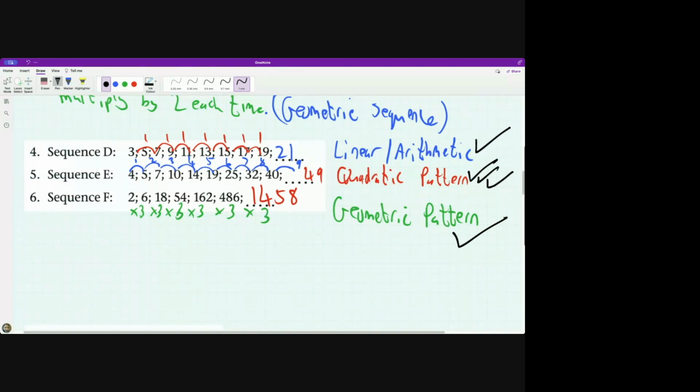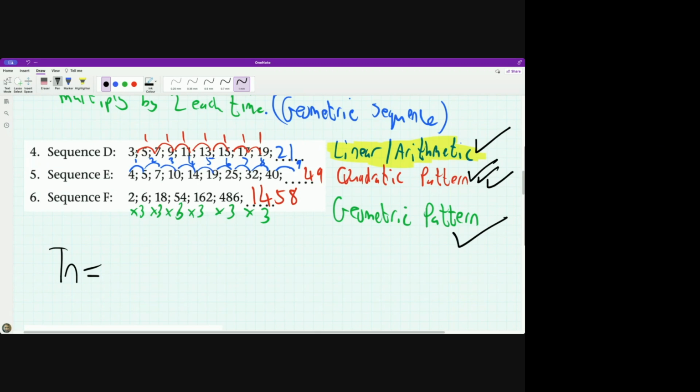For the quadratic pattern, the second difference will always be constant. And for a geometric pattern, you either multiply or divide by a constant. So that's the main ideas that you need to know for now. I will start laying on the formulas as we go, but today we're mainly going to work with linear and arithmetic after the break, where we learn about how to use the TN notation and how that kind of works.